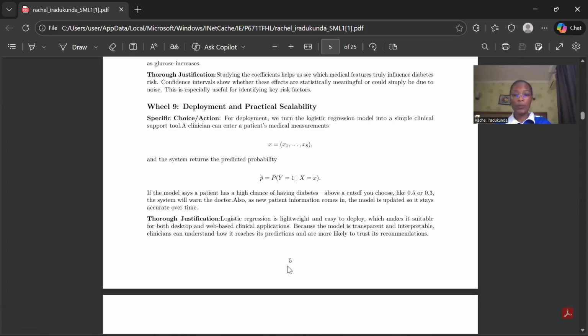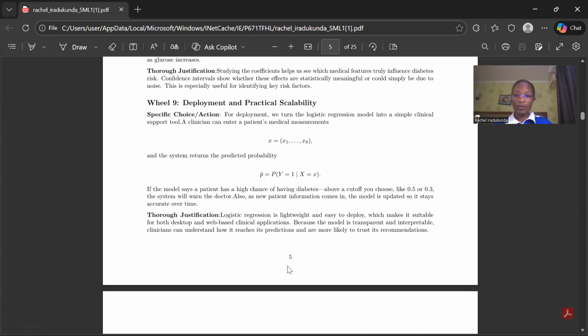Logistic regression is easy to deploy, which makes it suitable for clinical applications, and this model can also be understood. It's very easy to understand the concept of this model.